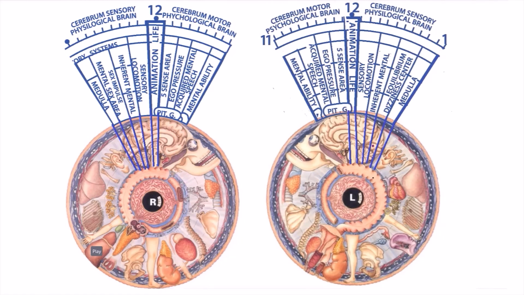And then he notes also that the pituitary gland, master gland of the endocrine system, is in zone 3 at the base of the animation life center, the 5 senses area, ego pressure, as well as acquired and mental speech areas.